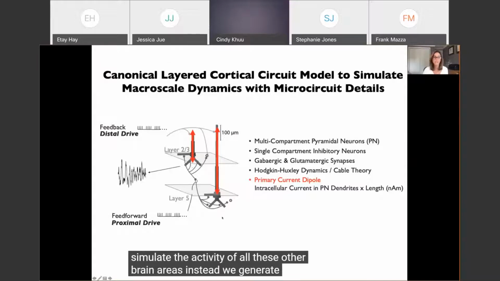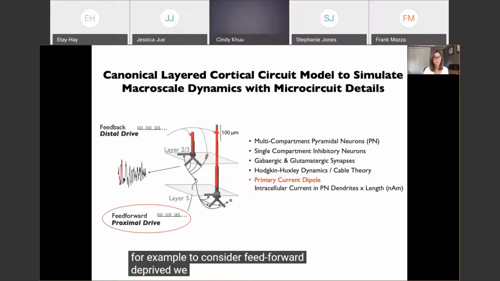Instead, we generate trains of action potentials that represent the input from these other brain areas. So for example, to consider feed-forward drive, we could simulate a train of action potentials that activate excitatory synapses in the local network in this feed-forward or projection pattern that we call proximal drive because it effectively hits the proximal dendrites of these pyramidal neurons.